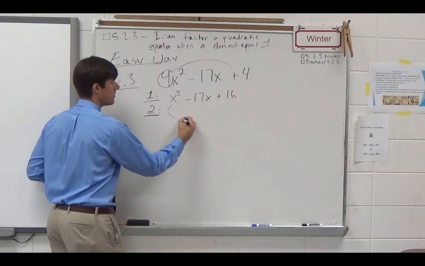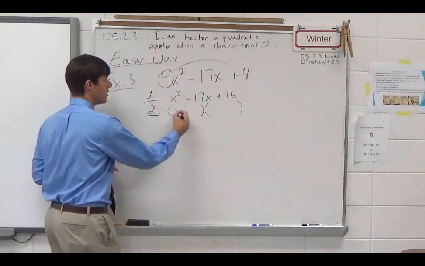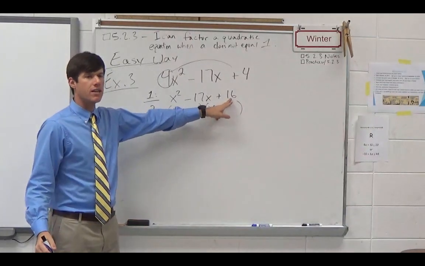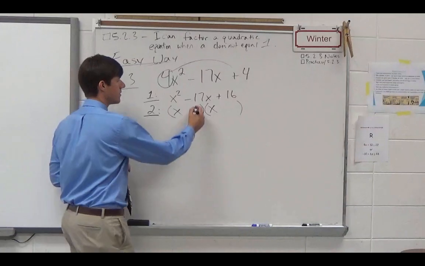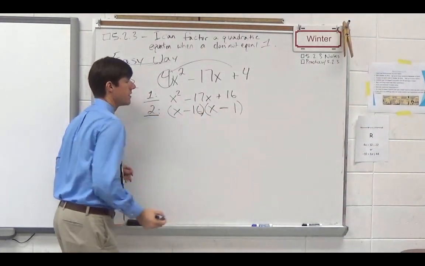Step 2, factors such as a equals 1. I get x and x. What are my factors of 16 that add up or subtract to give me negative 17? 16 and 1. Negative 16, negative 1.